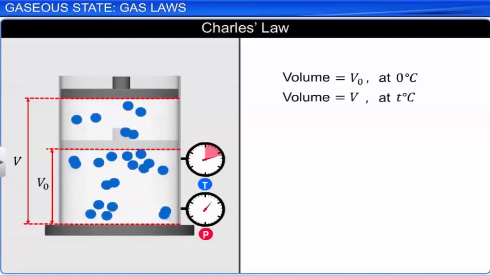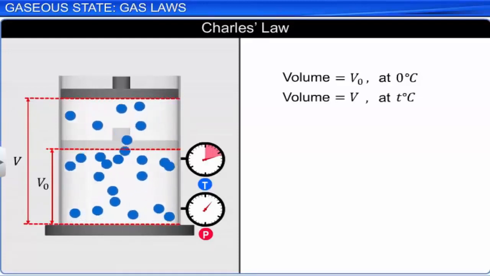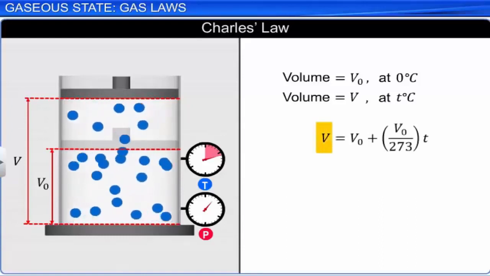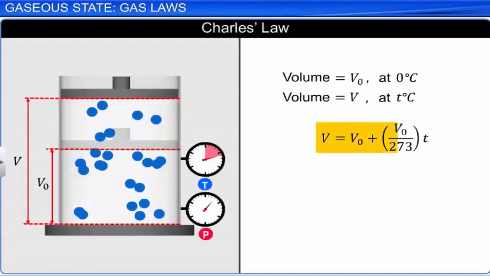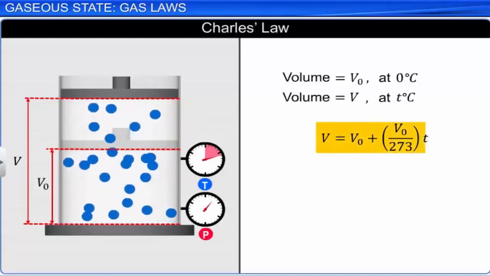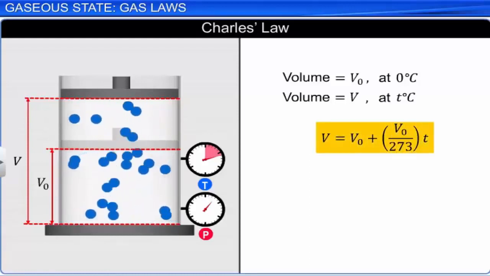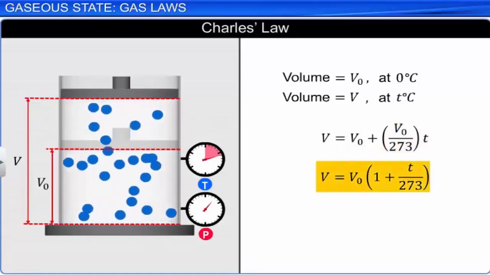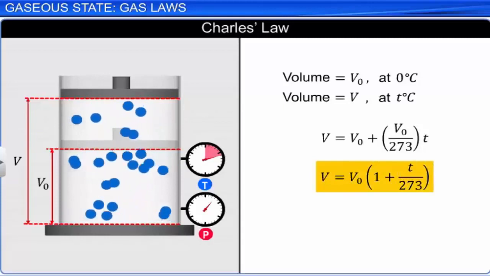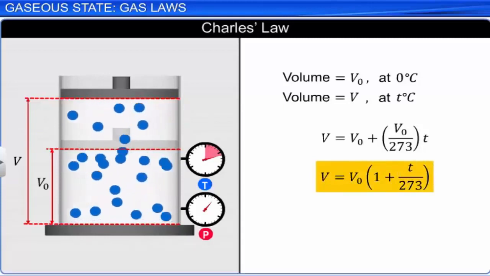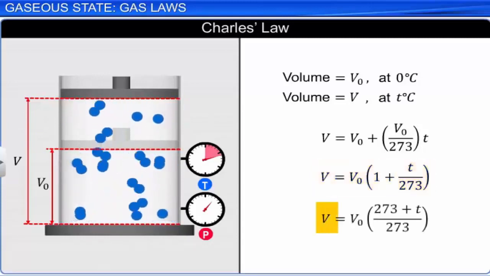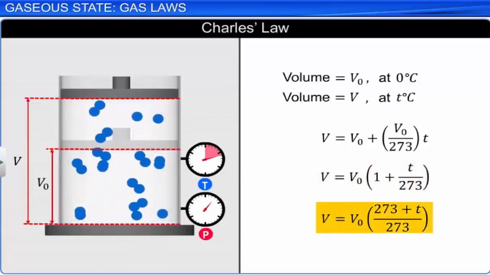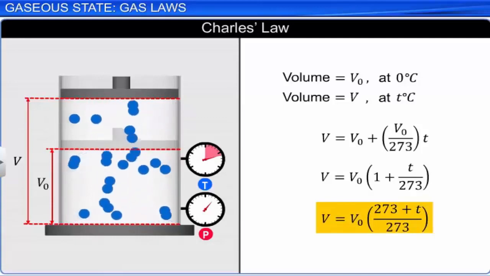Then, volume V at temperature T is equal to V0 plus V0 divided by 273 into T. Or V is equal to V0 into (1 plus T divided by 273). Or V is equal to V0 into (273 plus T) whole divided by 273. Let this be equation 1.